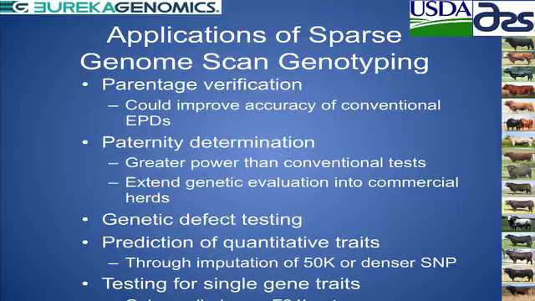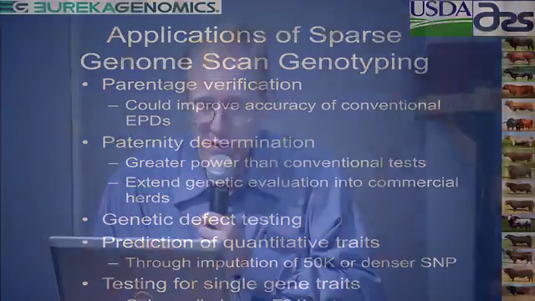With the sparse genome scan, there really should be no need to do separate testing for genetic defects. We ought to be able to infer it in most cases, not all cases. Prediction of quantitative traits should be much more powerful through this approach, integrating with the 50K chip and the sequencing, and then testing for single gene traits.